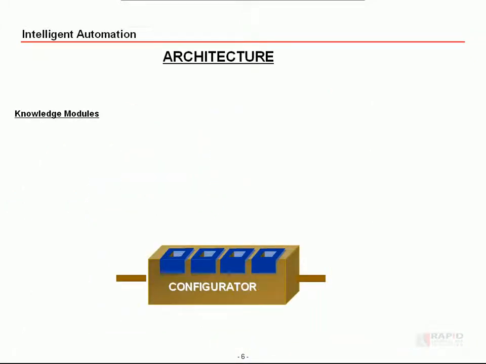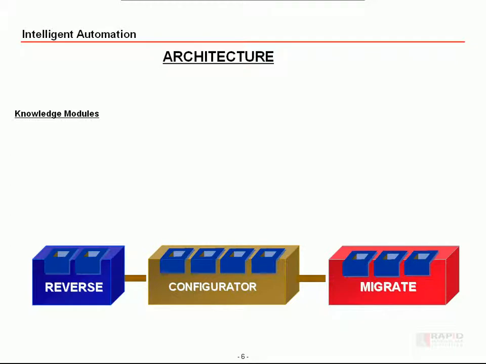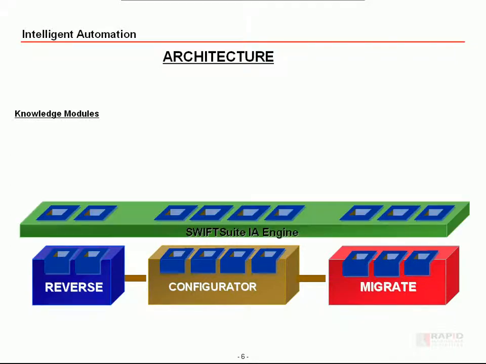The architecture of the tool, it's all written in Oracle. It's all HTML, Java, SQL. There are three main components to the tool. There's the configurator, there's migrate, and there's reverse. All three of these products talk together to operate, and they talk via the engine.